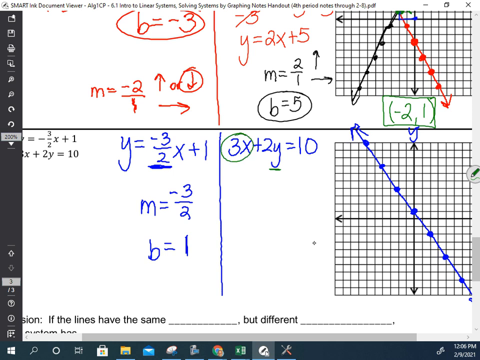Something's got to happen with that 3x. So those drop. So 2y equals negative 3x plus 10.